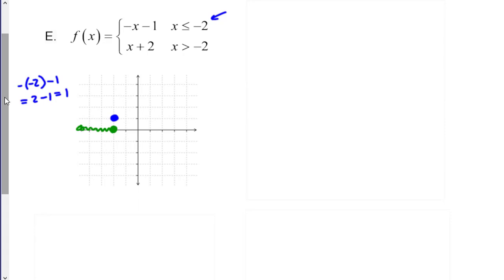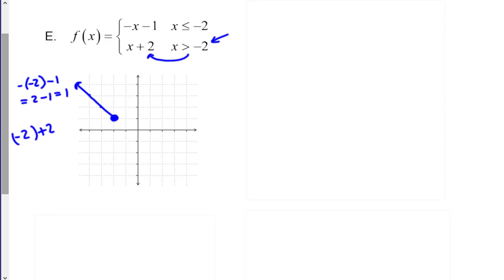And from there, I can just use the slope. My slope is -1, so right along this line right here is what I'm looking for. On the other half, where x is greater than -2, again, I'm going to plug in the -2. So it would be -2 plus 2. I'm just plugging it into this function though.